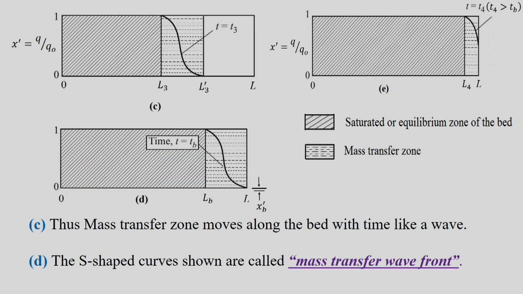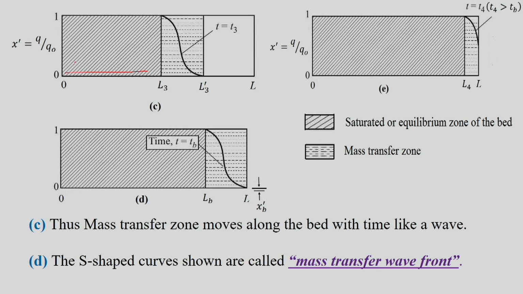If we allow the solute to keep entering this fixed bed, then with time the saturation zone will go on increasing, and the entry point we have seen will shift towards the right hand side, moving apart from the entry point.